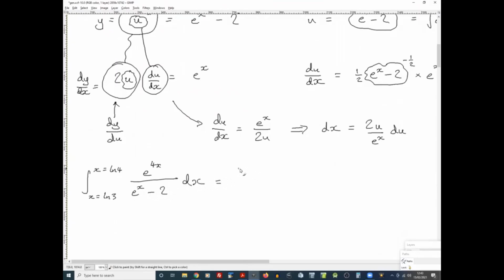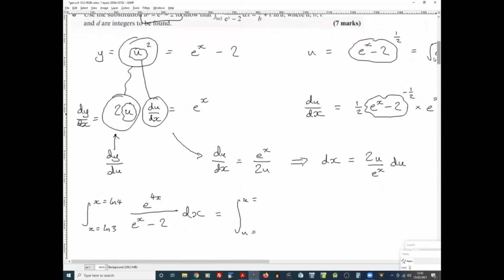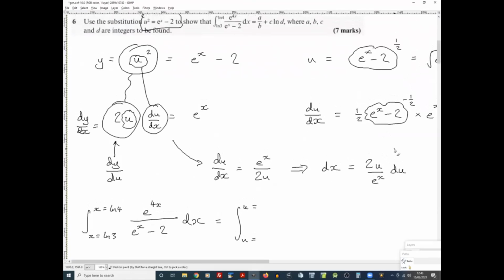So substituting where we can, u equals and u equals. It's u squared plus 2 to the 4 over u squared. Right, should we do the limits? There's no urgency, but yeah, let's do the limits.